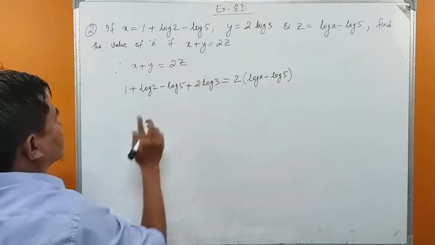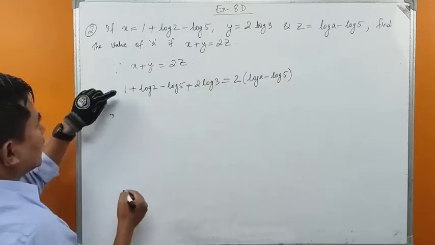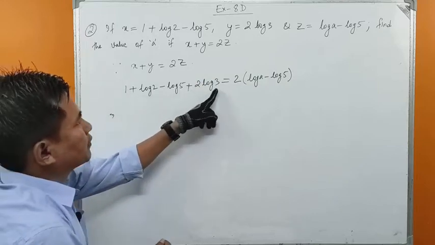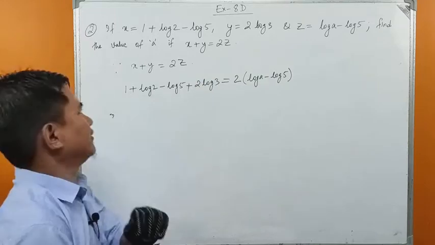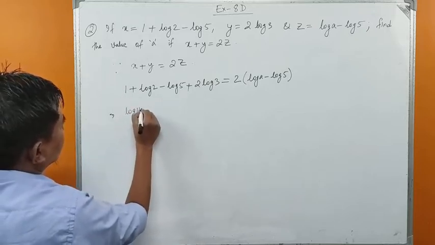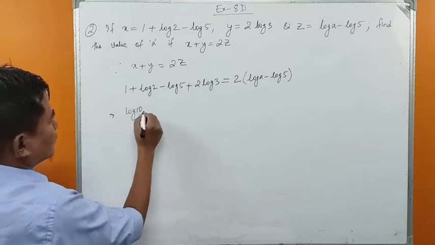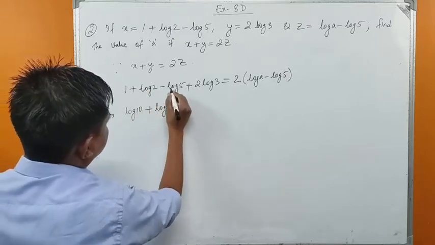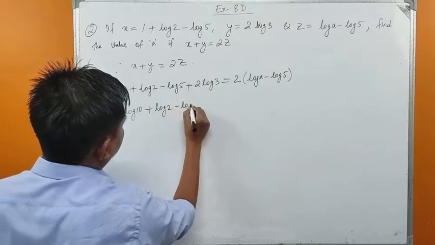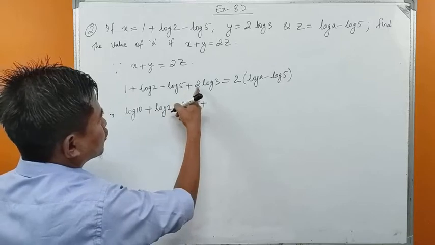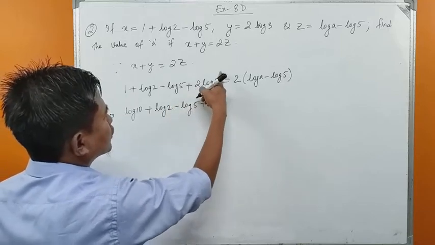Now 1 means log 10 to the base 10. So when bases are not given, we should assume the base is 10, isn't it? So 1 means you can write log 10, since log 10 to the base 10 is 1, plus log 2 minus log 5, plus 2 log 3. 2 log 3 means log 3 squared, isn't it?